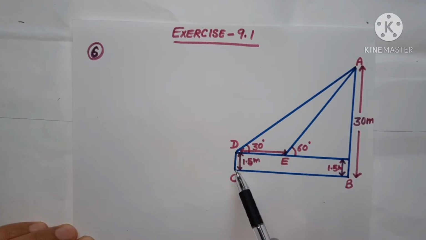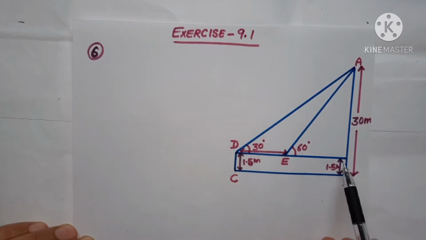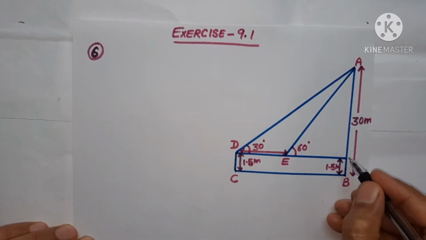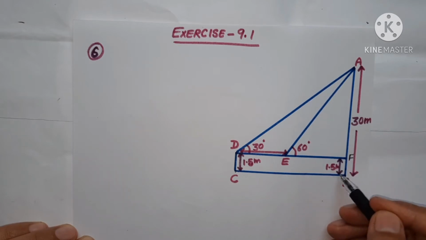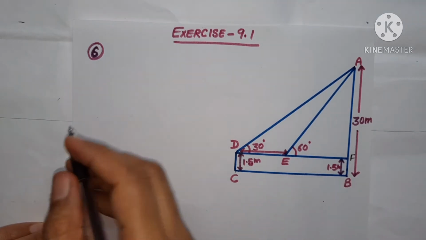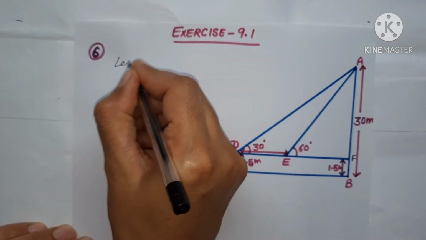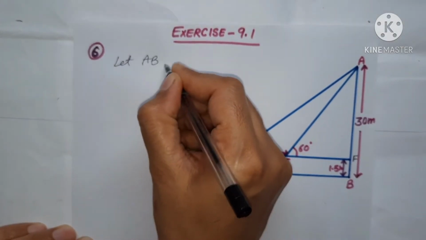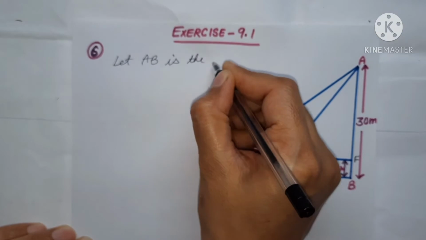So in the diagram, CD is the height of the boy, and this FB is also the same height, 1.5 meter.